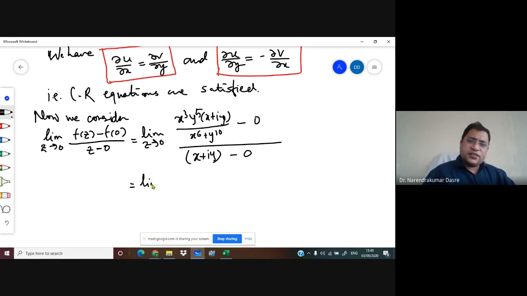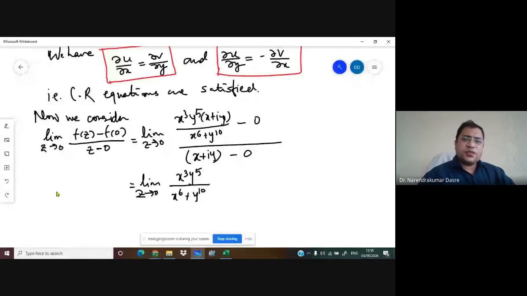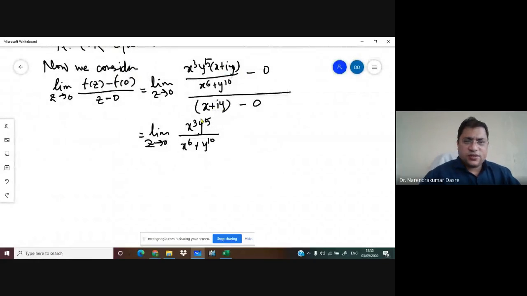So we can simplify this. Limit z tends to 0, x³y⁵ upon x⁶ + y¹⁰. Now you can see that this x + iy and this x + iy will get cancelled.